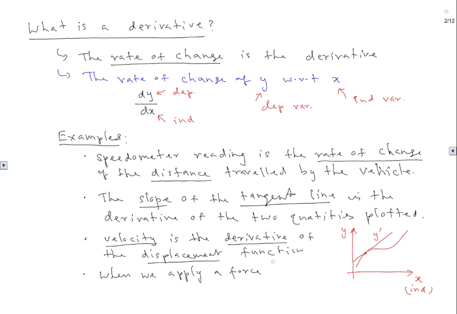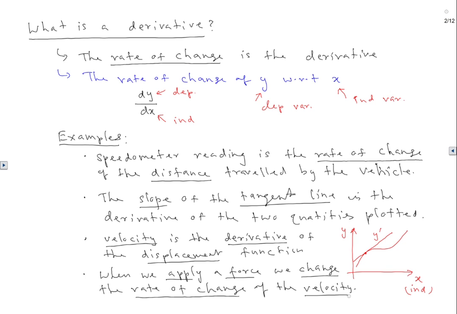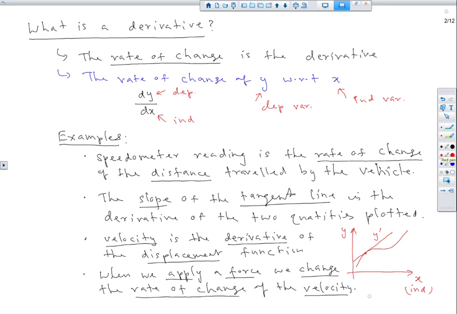we change the rate of change of the velocity. So when we apply a force, we change the rate of change of the velocity, that we normally write as dv by dt.